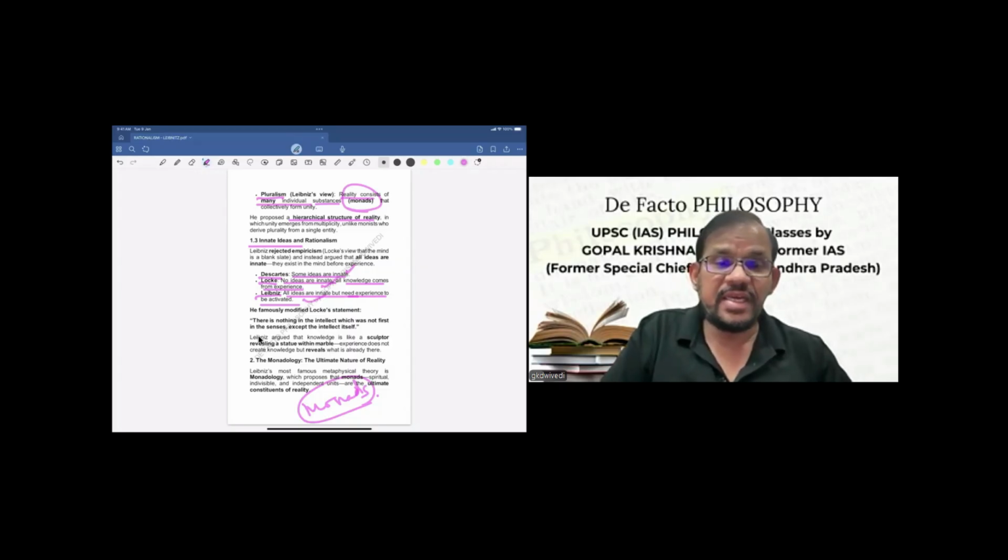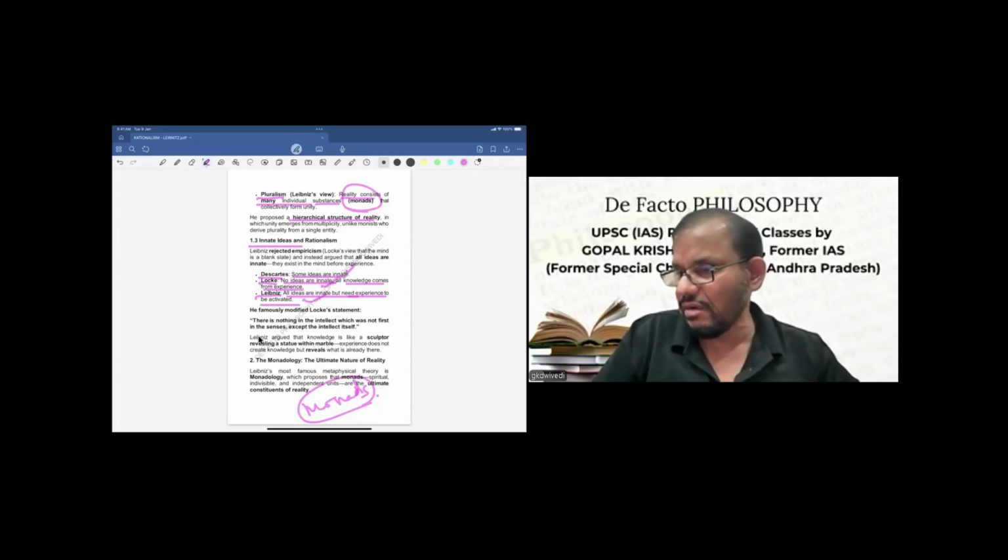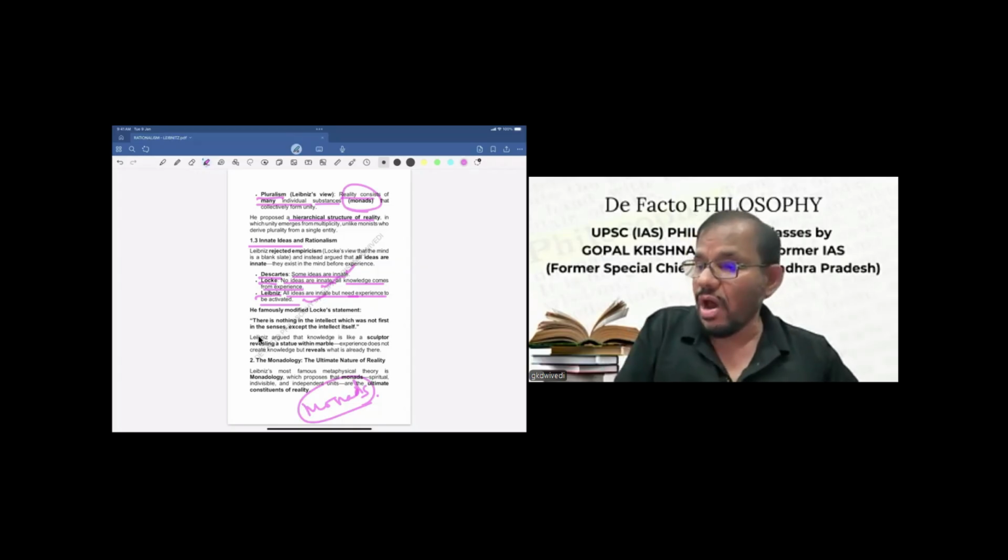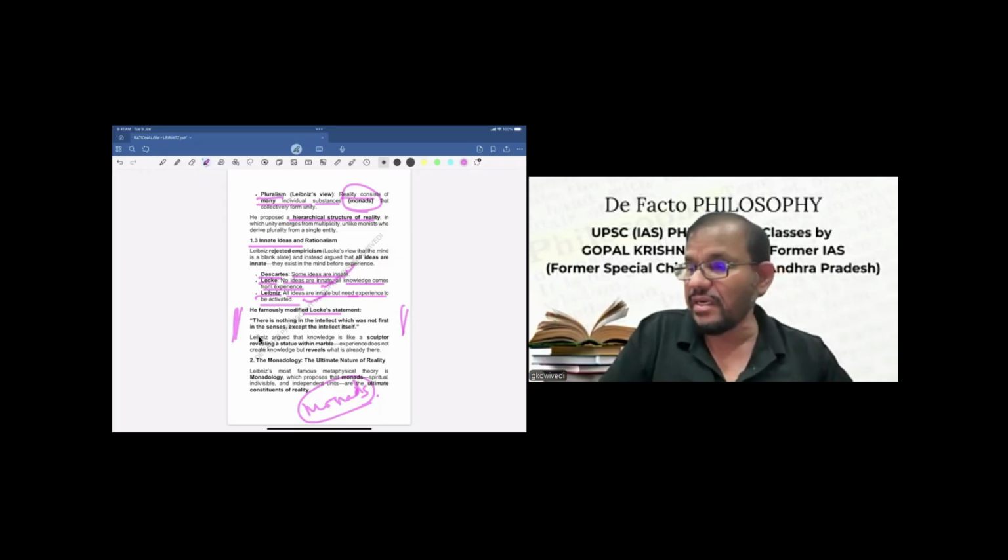In the next chapter we are going on to empiricism, so we will study what Locke has told. Locke's famous statement also comes several times in examinations for discussion, critical examination or expansion. Locke has given the statement: there is nothing in the intellect which was not first in the senses. Up to this point, this is Locke's statement.